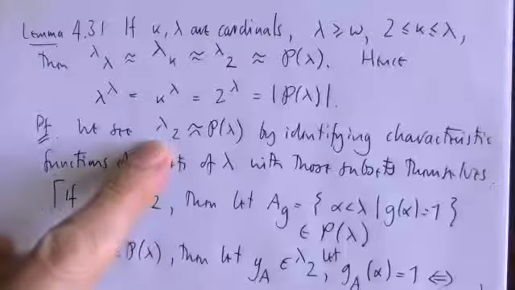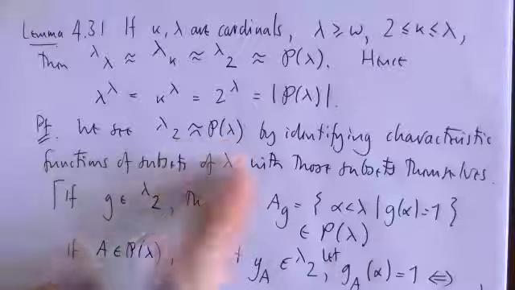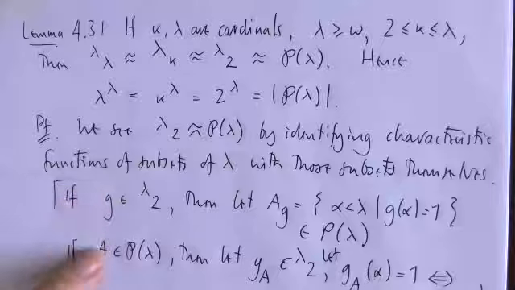So there are as many characteristic functions as there are subsets because of this bijection here.